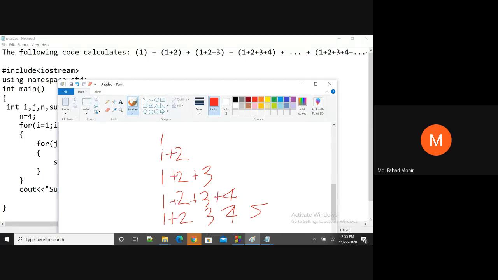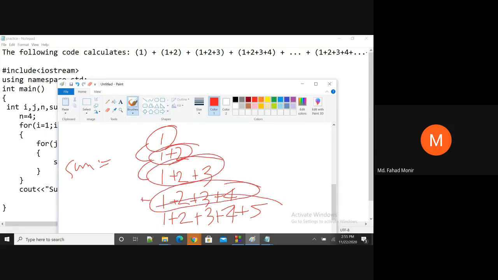We are adding those numbers and we are summing up all the numbers. সব নাম্বারগুলা অ্যাড হয়ে এখানে আপনাকে সামের রেজাল্টটা দিবে, তাই না?